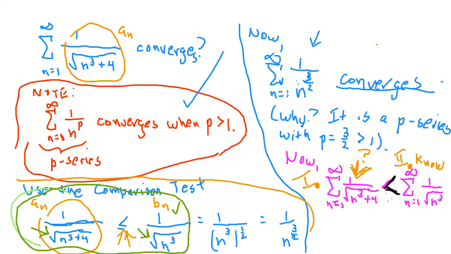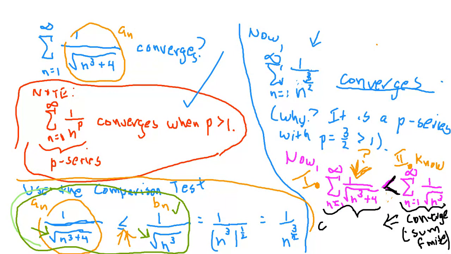All right. Well, then look what happens here. This p series converges. This converges, means the sum is finite. It's not infinity. If the bigger series converges, this implies that this series converges too.